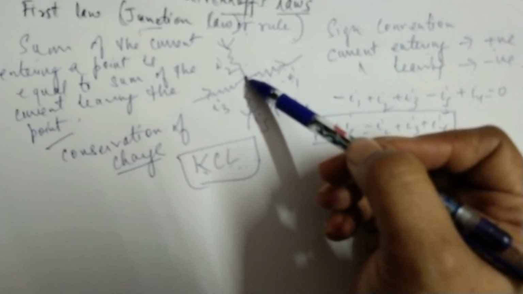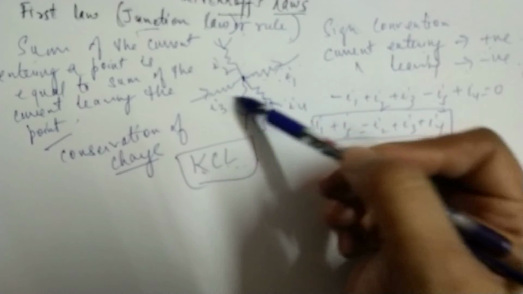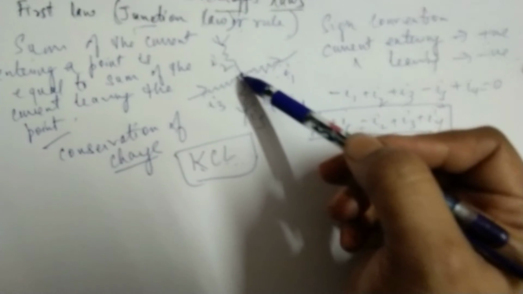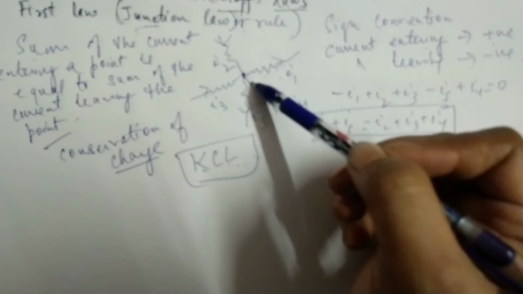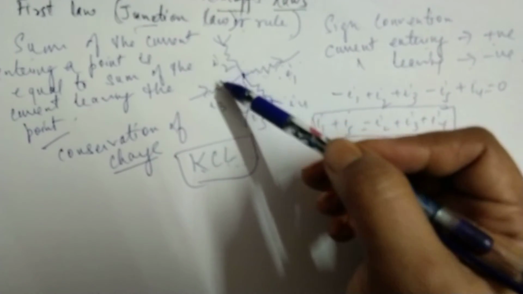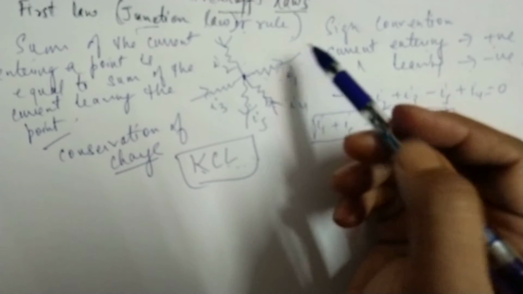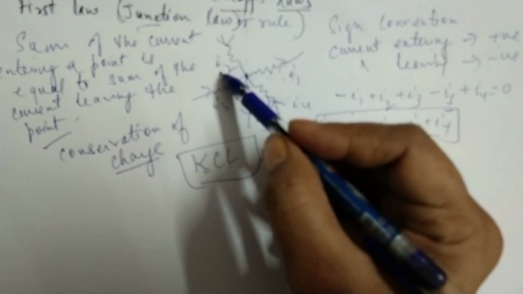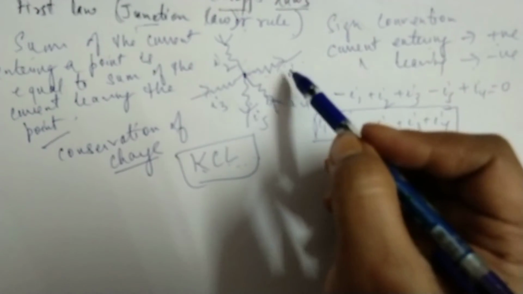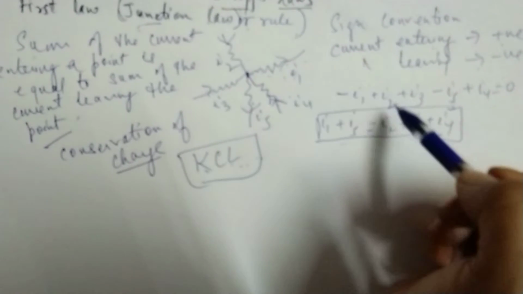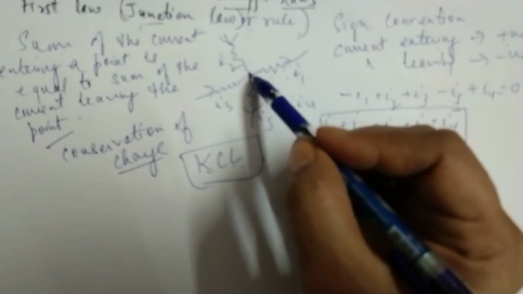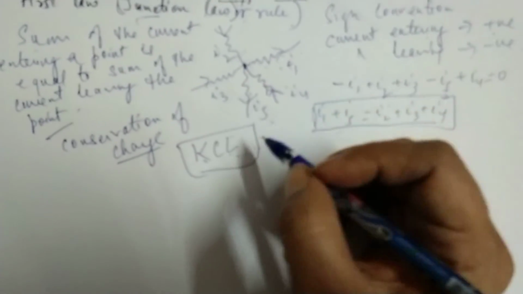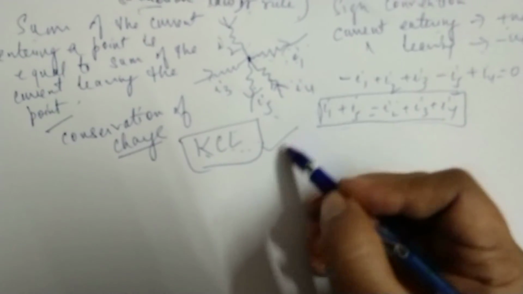We have taken a point here with different currents in the resistances, and we can take our own sign conventions, but the ultimate goal is that the sum of the current entering is equal to the sum of the current leaving. If we know the values of all but one, we can easily use this method to get the value of the unknown current. That is how we use KCL.